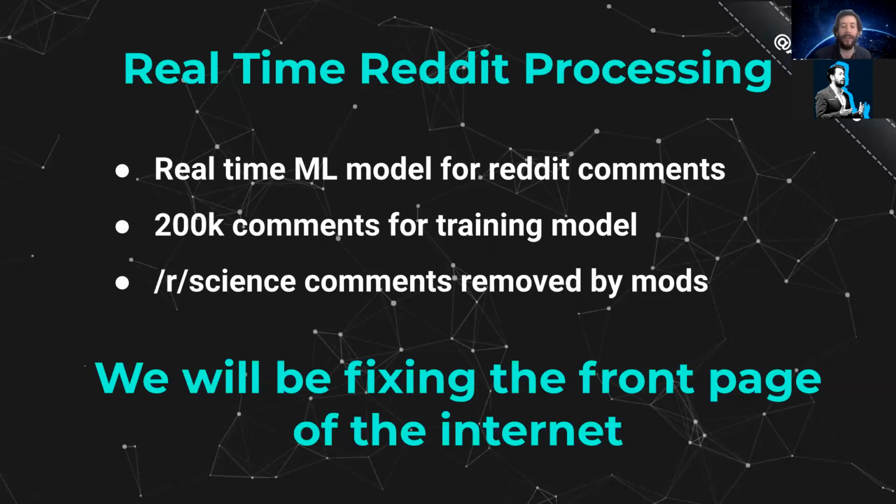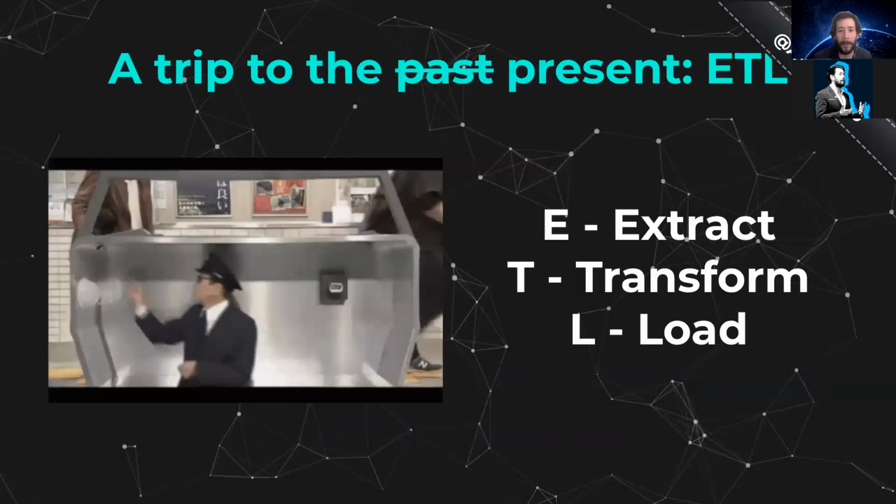We're going to be aiming to fix the front page of the internet, because we can all agree that the internet is not full of just positive stuff. But at the same time, we also want to dive into some interesting things that we can see in the exploratory data analysis of this dataset. Of course, we're not going to have time to do all of that, but after the talk, you can dive into some of the data exploration in the Jupyter notebooks.